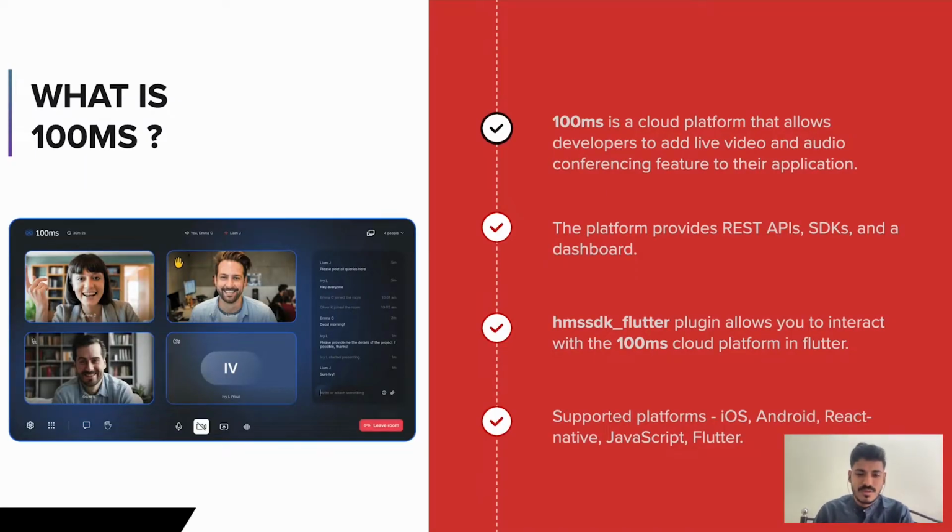Thank you, Ashish. So let's talk about what 100ms is. 100ms is a cloud platform that provides infrastructure so that developers can add video and audio conferencing as well as chat features to web, Android, and iOS applications.